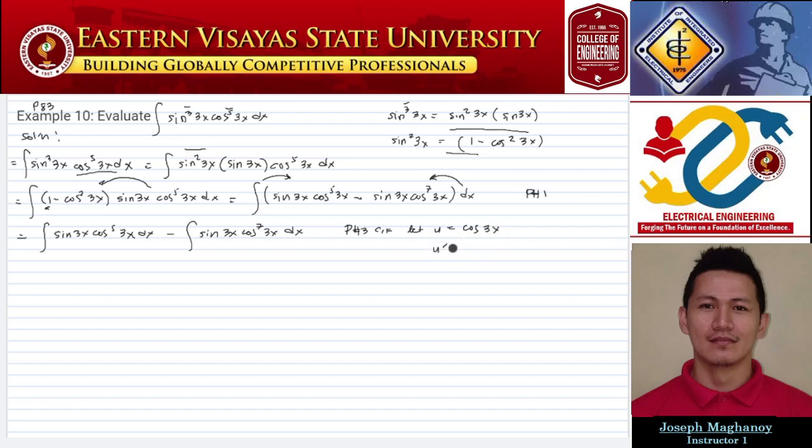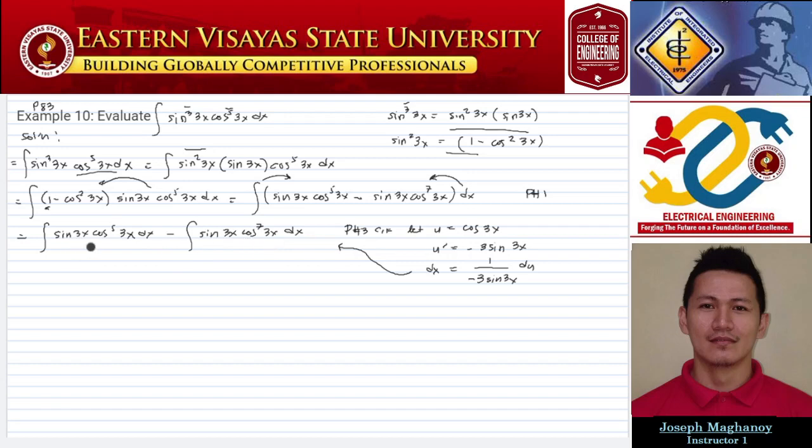If we get the first derivative of our cosine 3x, there would be negative 3 sine 3x. Therefore, your correction factor dx is equal to 1 over negative 3 sine 3x du. Okay, we apply our correction factor to the two terms.